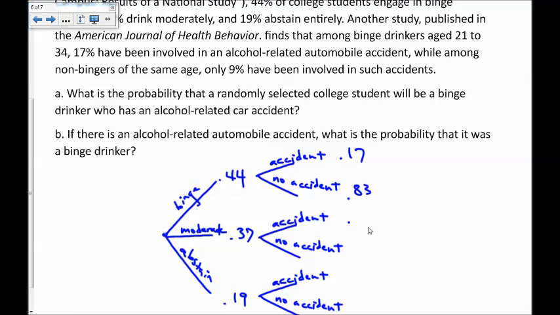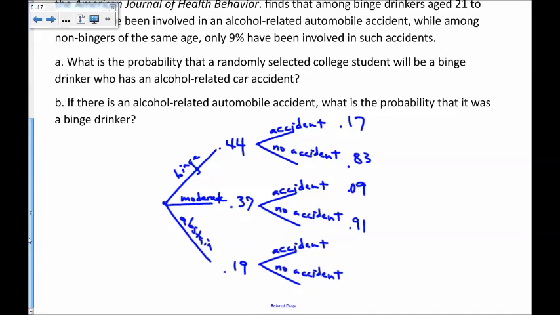Of those who drink moderately, 0.09. Whoops, that's 0.09, not 0.9. And no accident is 0.91. And for those that abstain, they can't be in an alcohol-related car accident, because they don't drink. I'll say 0%, and no accident is 100%.